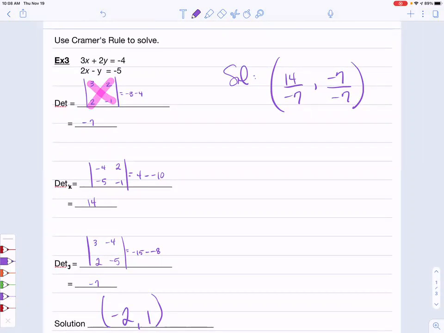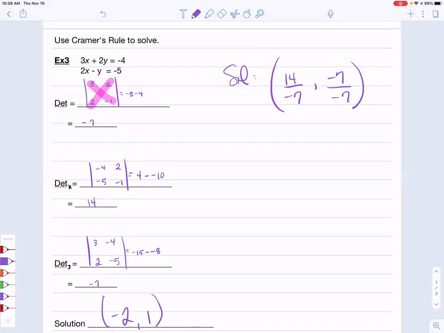My original determinant is just going to be my 3x3 coefficients. D sub x, what's getting booted? The x column. So that whole entire x column gets booted, and what will those 3 numbers get replaced with? The constants. And when I go to find the determinant, what am I going to use? It's a 3x3. Use the calculator, right?